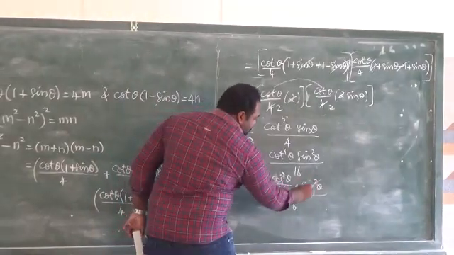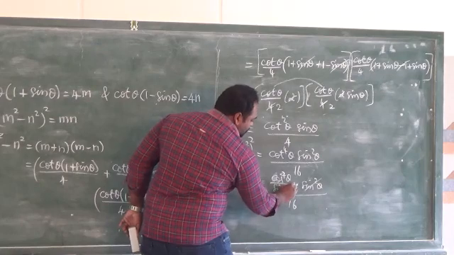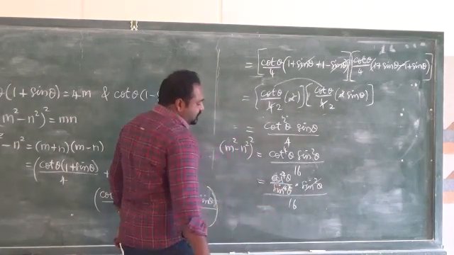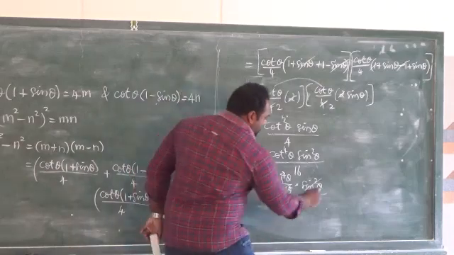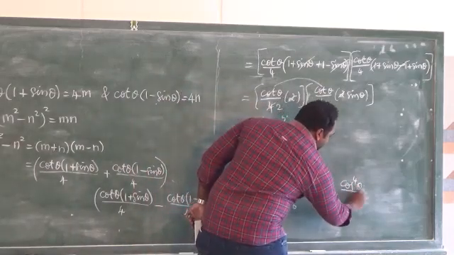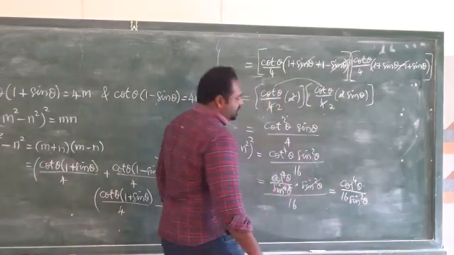So here sin square theta will be cancelled. We have cancellation here, 2 sin theta will be cancelled, remaining 2 sin square theta will be there. So this can be written as cos power 4 theta by 16 sin square theta.